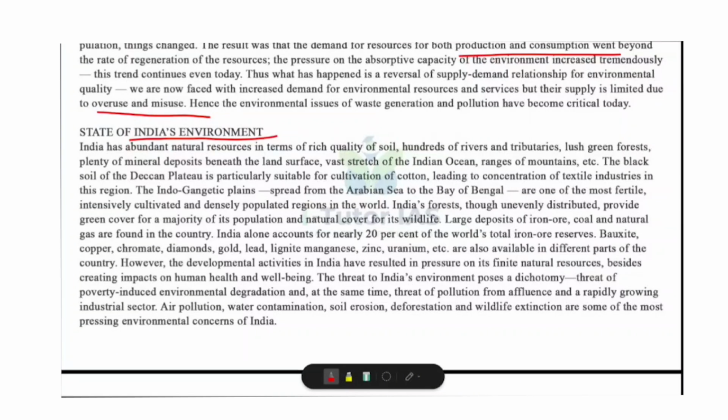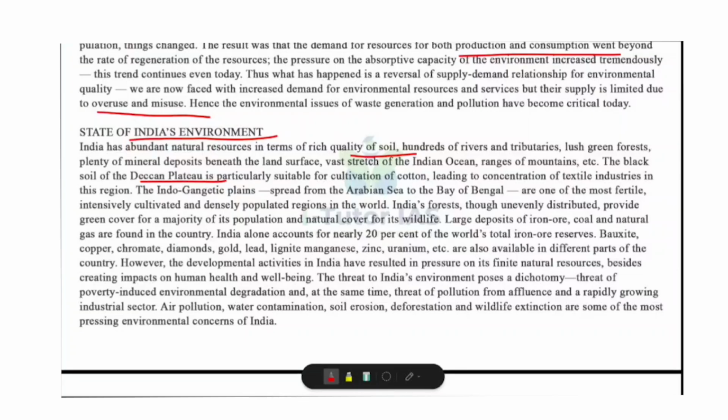India is blessed with abundant natural resources like fertile soil, hundreds of rivers, lush forests, vast mineral deposits, the Indian Ocean and mountain ranges. For example, the Deccan Plateau's black soil is ideal for cotton cultivation, which explains the concentration of textile industries there. And what about the Indo-Gangetic plains?